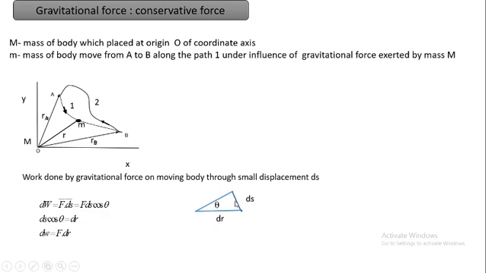So ds cos theta is equal to dr. From this equation we got the relation between ds cos theta and dr. So we can write dW is equal to F into dr. So the work done is equal to F into dr.